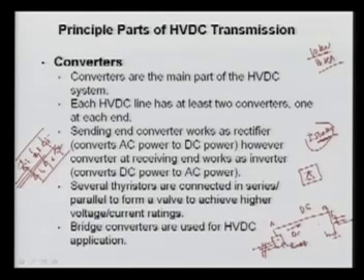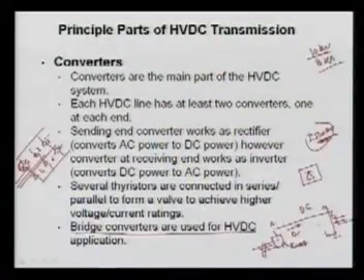Here I have shown one thyristor, but it is not one thyristor, it is called one valve. A valve means an addition of several thyristors in series as well as parallel to make its proper rating in voltage and current. So bridge converters, as I said, are used for HVDC application.